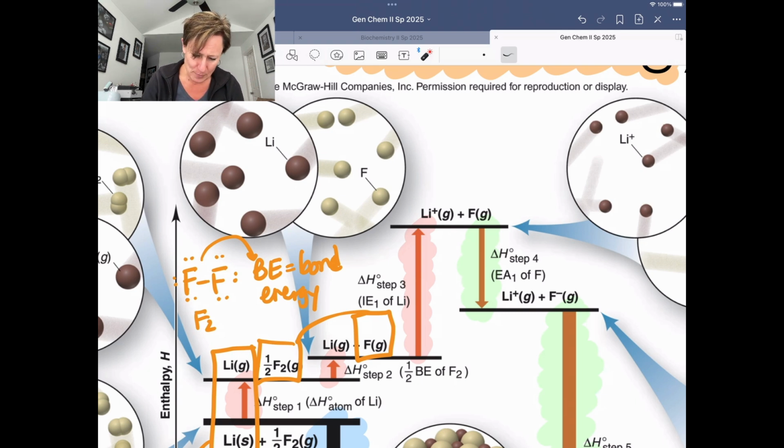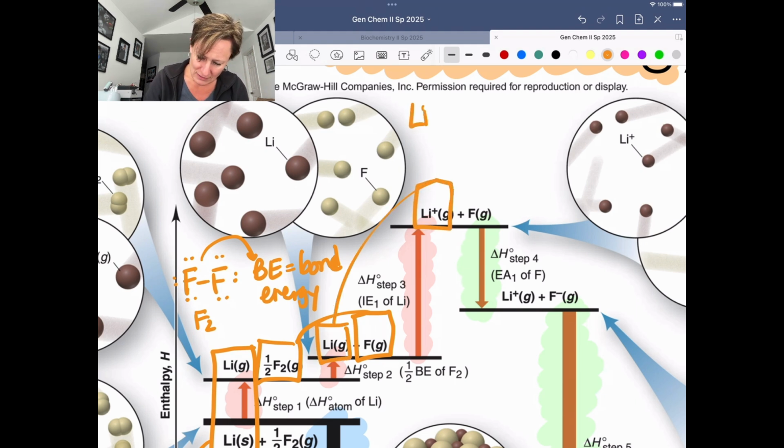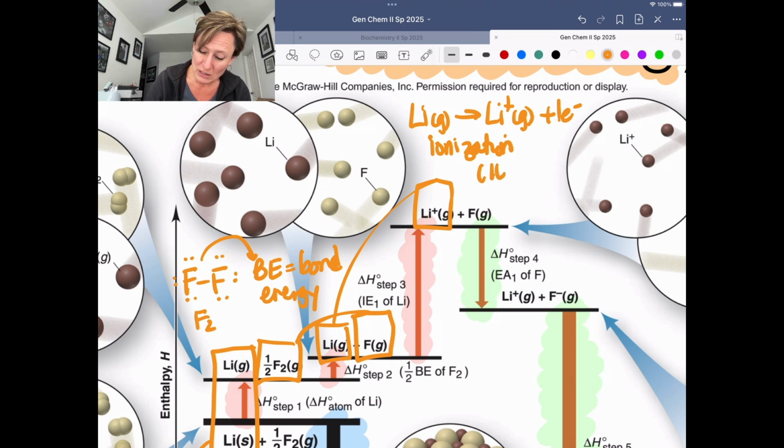Let's look at the next step that happens here. Now look at the things that change. I'm connecting these together. Here's what happens. We've got lithium in the gas phase. That's going to make lithium cations in the gas phase. And that happens because I lose an electron. This is ionization. And last learning unit, we learned about ionization energy.